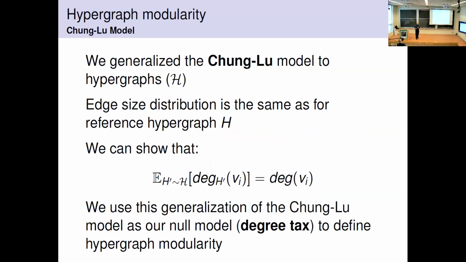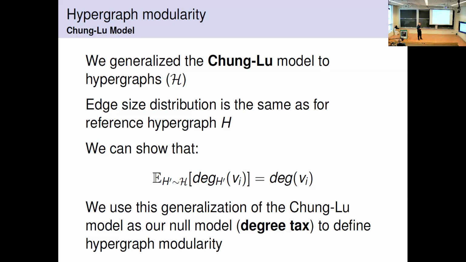Okay, so again, in our previous work, and I'm going to go very quick about that, we generalized the notion of the Chung-Lu model for hypergraphs. It's not hard to do. The one thing we needed to introduce is the notion of the edge size. But basically, if you start from a reference hypergraph or you're given some degree distribution, well, in the same way, you can have the reference distribution of edge sizes, or you can pick your own choice for edge sizes.